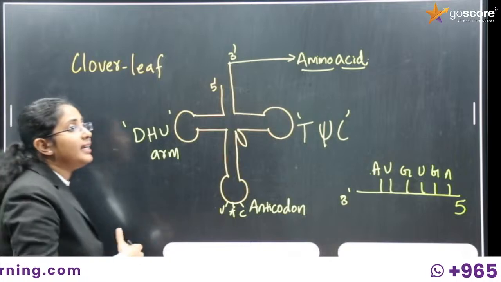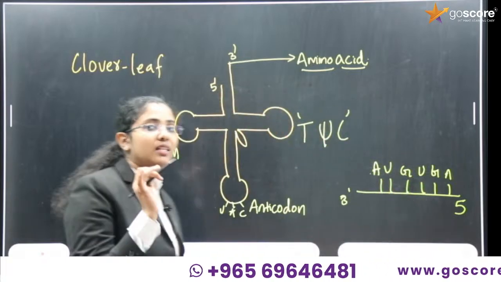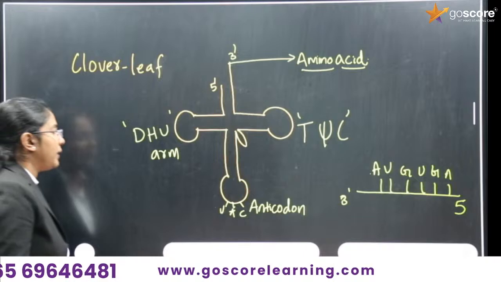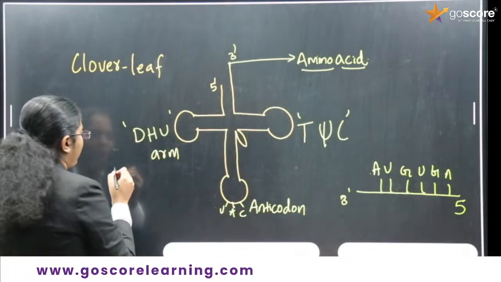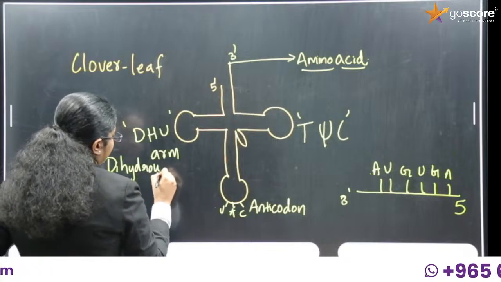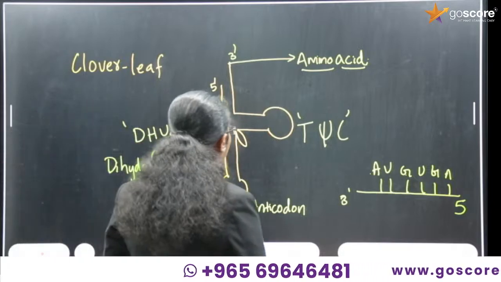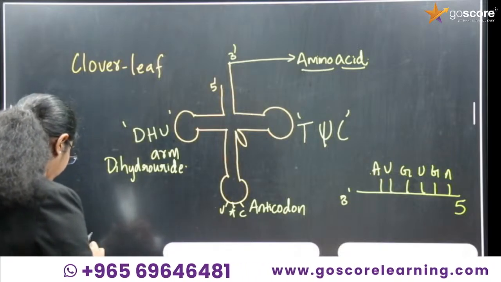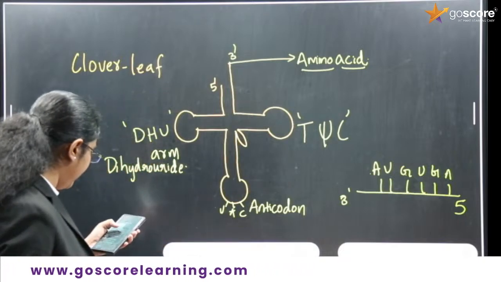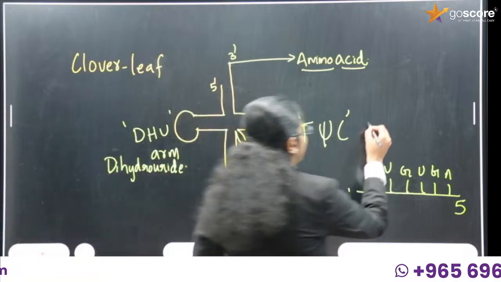Here you can find modified bases. We have different nitrogen bases, right? In these particular bases you can find modified bases. In the DHU loop you can find dihydrouridine as the base, and in the T-psi-C loop you can find pseudouridine.